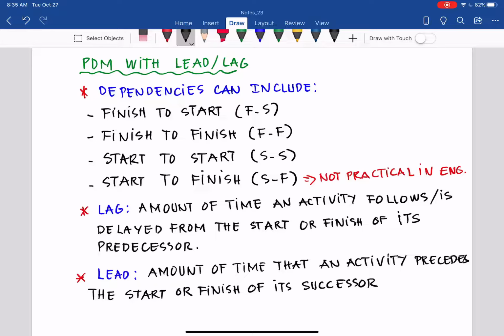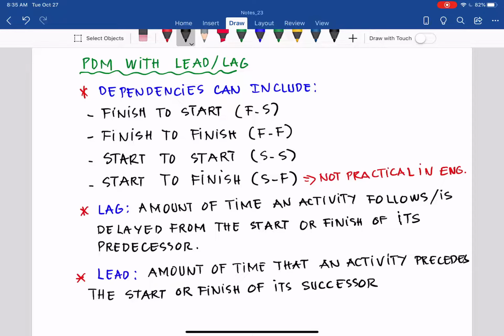Start to start, SS, and start to finish, SF. Start to finish is not practical in engineering, so in this class I don't consider that a relationship when we model the project schedule. So only focus on the first 3 dependencies, which are finish to start, finish to finish, and start to start.